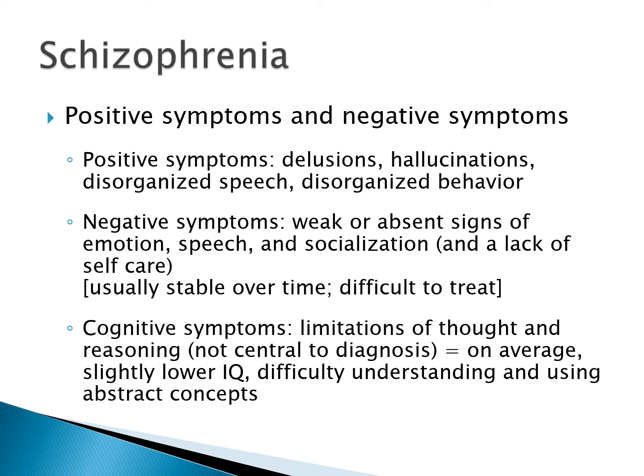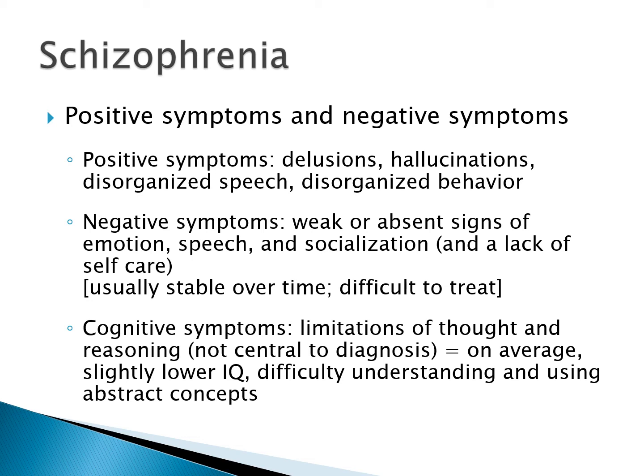They also do have negative symptoms, these weak or absent signs of emotion. Schizophrenia actually means a split in the, I don't want to say in personality, and it's really sometimes confused by people with dissociative identity disorder, or what we used to call multiple personality disorder.